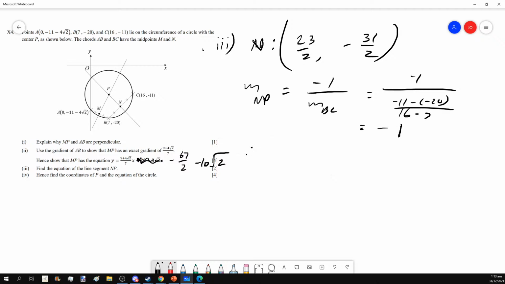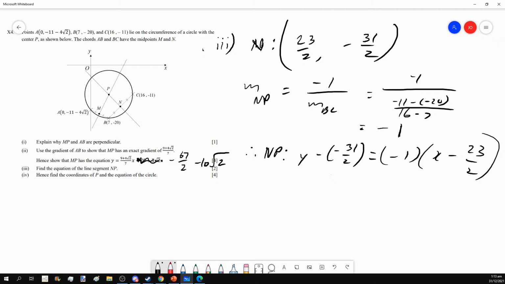From here, it is easy enough to find NP by doing y minus the y coordinate equals the gradient times x minus the x coordinate, like this. And from here, we can go on to say that we have y plus 31 over 2 equals negative, x minus 23 over 2, and therefore y equals, moving the constant over, negative x minus 4, and we are done. So this will actually be the equation of NP. Alright?